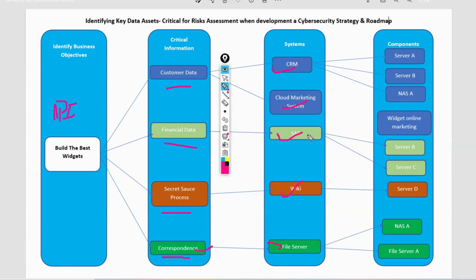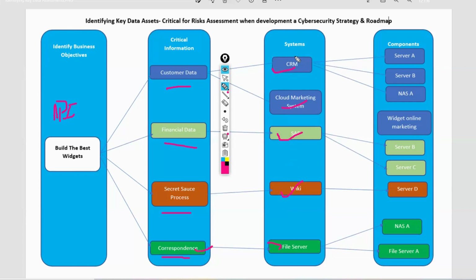So the next question is, now that you have the APIs or the widgets, the necessary information required for this particular objective, and the systems that actually store all of this information, on what physical or virtual devices, and this could be on-premise, in the cloud, or a hybrid environment, does all of this information, or these systems or applications, actually reside?